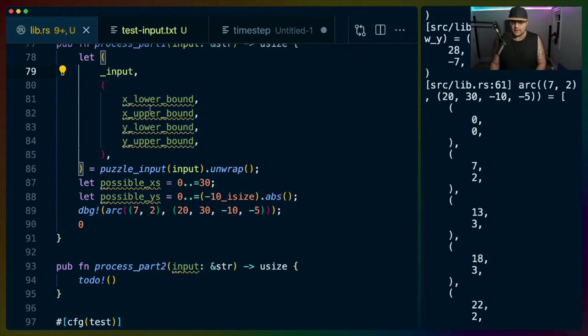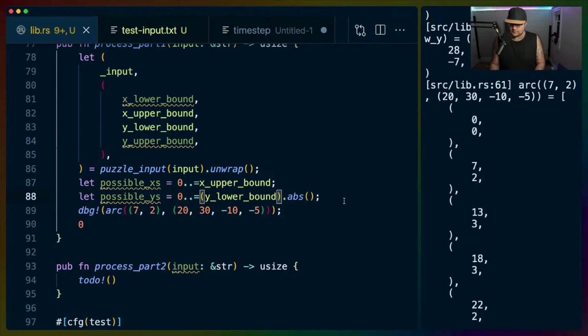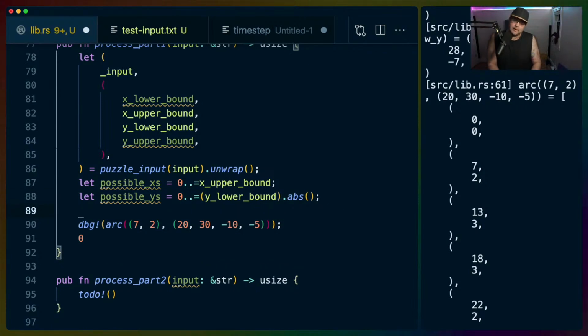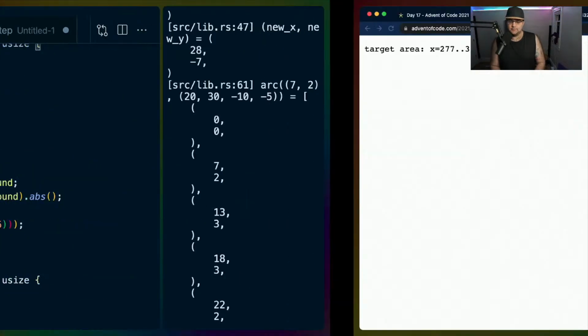And then this is 0 to the upper bound. And this is 0 to the absolute value of the y lower bound. And then we need to iterate over all of these combinations, right?